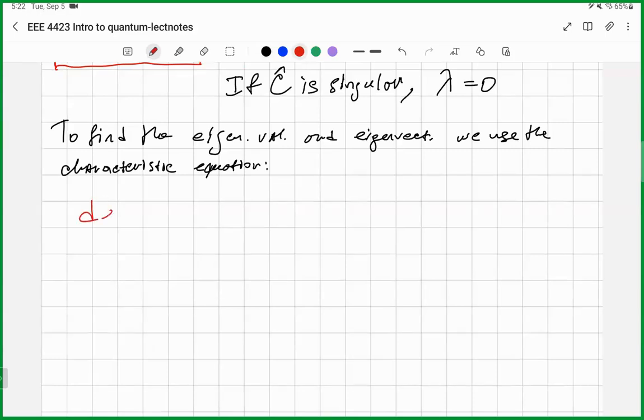So basically, we use this property of the determinant being invariant.